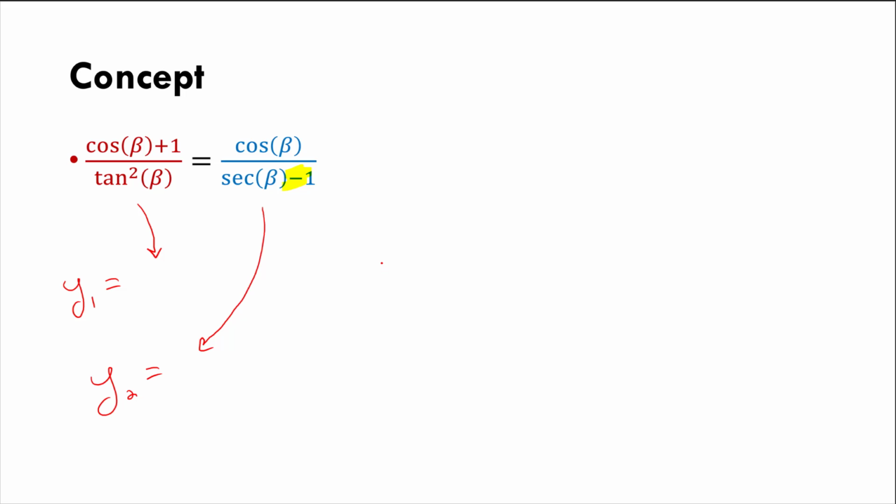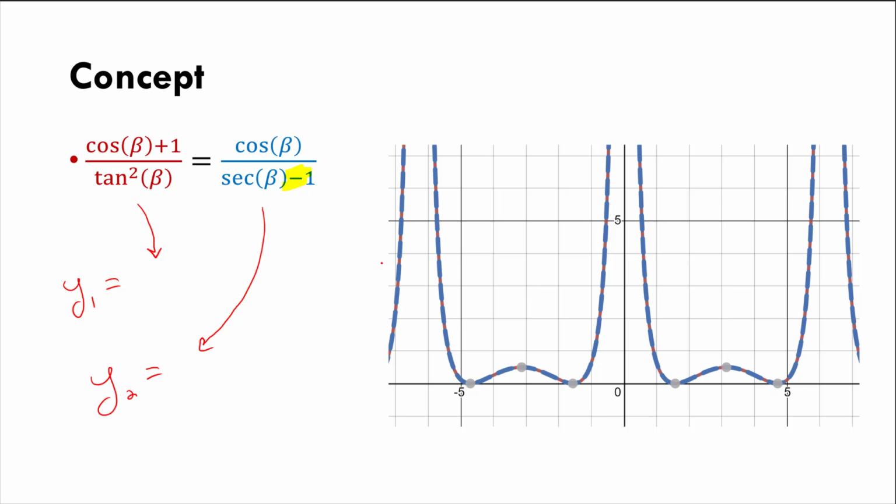And when we graph them on the same coordinate plane, we can see that they appear to be, and that word is very important, they appear to be the same.